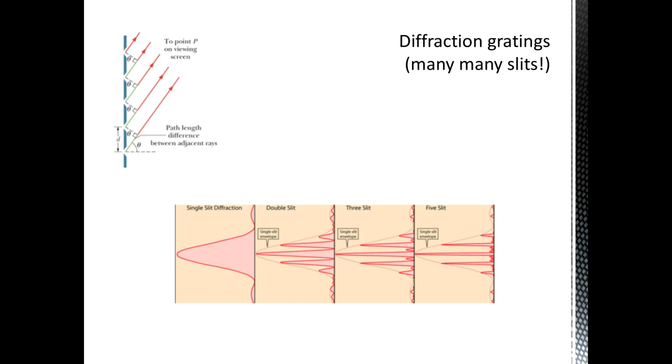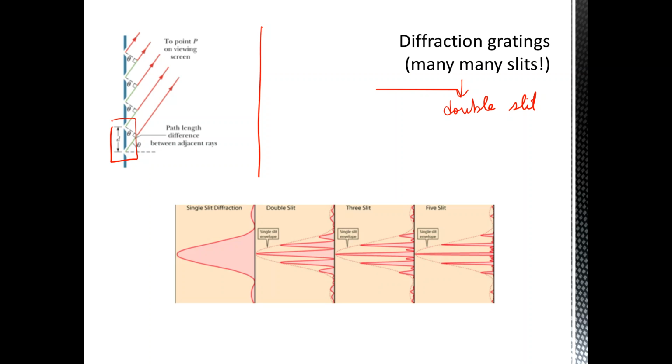Now, the simplicity of this is beautiful, because you're going to assume that this is exactly like a double slit. You're only going to consider a small section of your grating where there are only two slits, so that you can apply the double slit pattern.